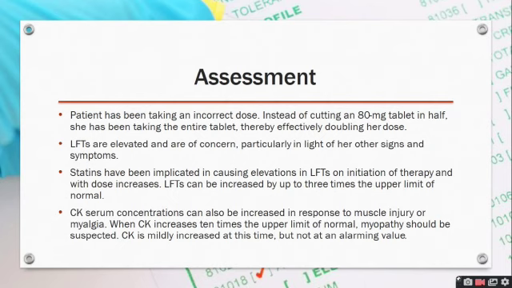Here it is not elevated to 10 times, it is just 216 units per liter, so we can't say that it is an alarming value. The alarming thing affecting the ALT and AST is the use of statin only, and it is not affecting the CK as much. So we have to control the ALT and AST levels immediately. So what will be our plan?